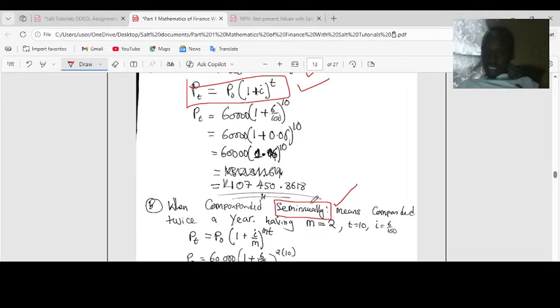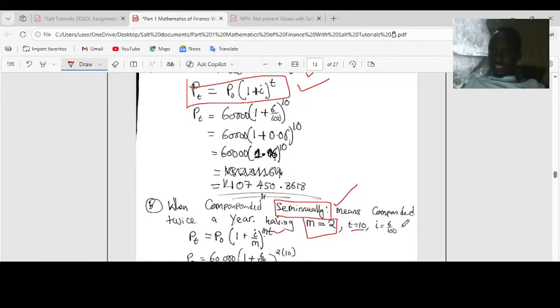In this case, I'm talking about semi-annually. Semi means we are compounding interest twice. So the time which I have, I multiply by the number of conversions. So list your data. The number of conversions here is 2. That is why I've written M equals 2. Time taken is 10 years.